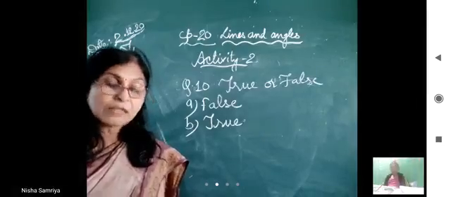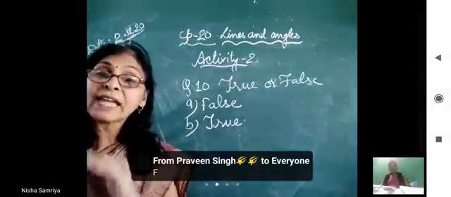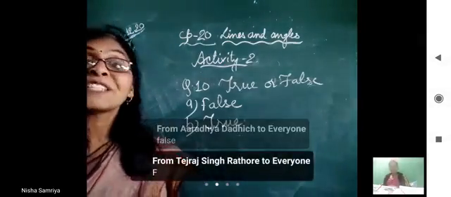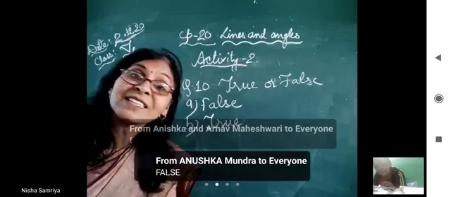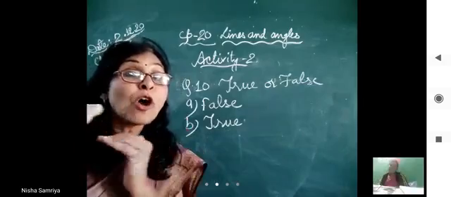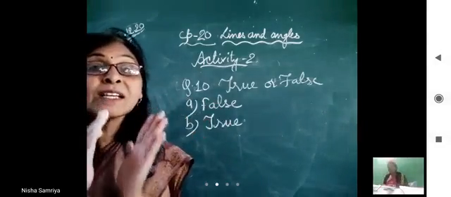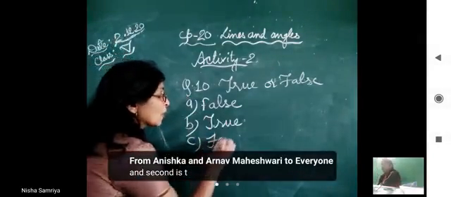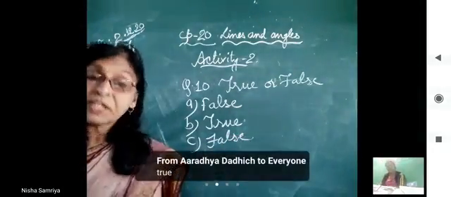Now C part, when two lines intersect at 90 degree, they are called parallel lines. That is false. When they intersect, they meet each other, then how can you say that is a parallel line? Parallel lines are those lines which do not intersect each other. So C is the false statement.